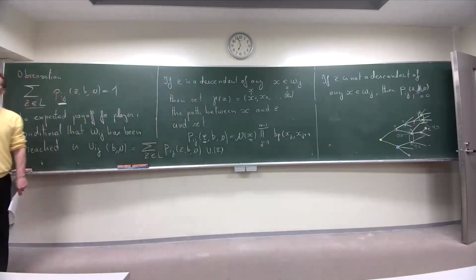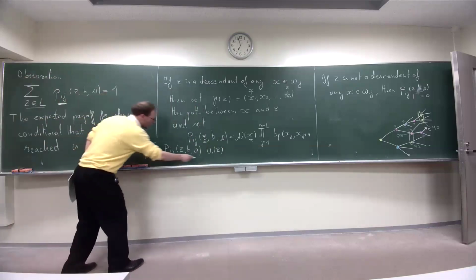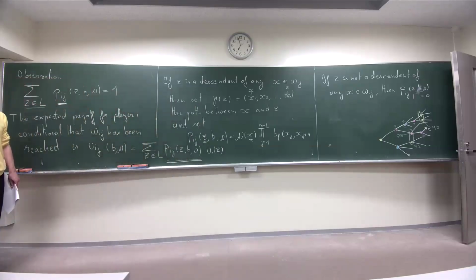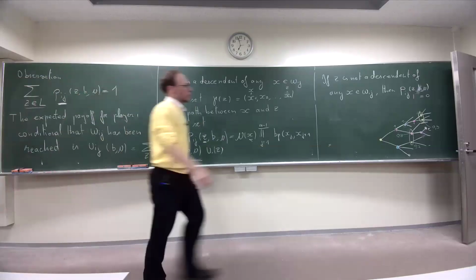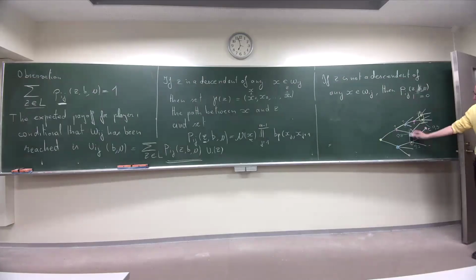If you think about it, I had a formula of this type at the beginning on the blackboard, but it was a different probability distribution because now it's conditional on something. It's conditional on the fact that I know I'm here inside this set.